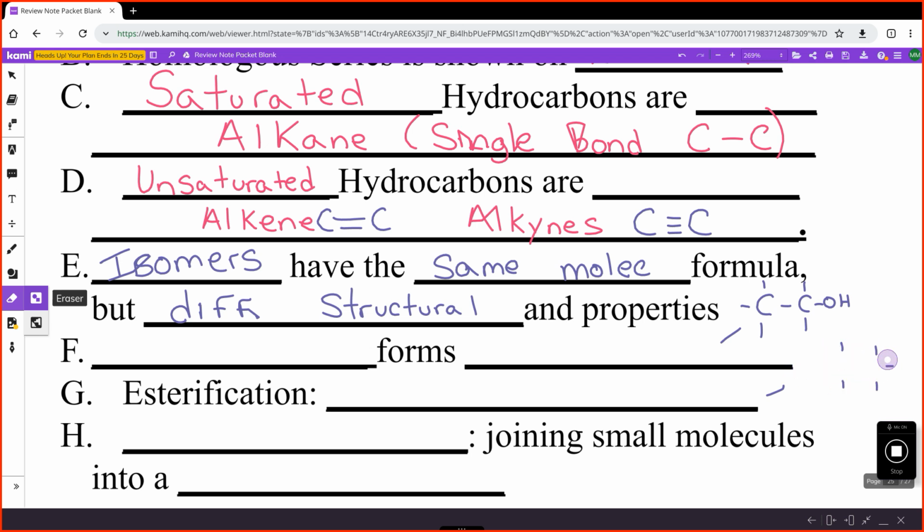What I can do is take this same C2H6O and redraw it differently. I could draw it as an ether.